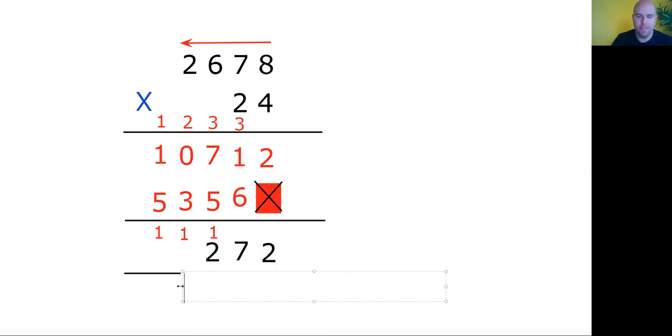I'm going to carry beneath this line. So I'm always working down. I'm never going to get confused with the carries that I'm doing. 7 add 5 is 12. 3 add 0 add 1 is 4. 5 add 1, 6.